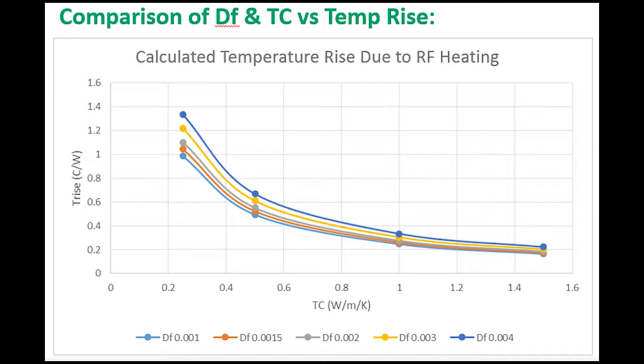But once you start getting to values around 0.6, 0.8, and 1, which are values that typically are commercially available in products today, you can see that loss tangent becomes irrelevant. And so at this point, selection of the thermal conductivity value that is the highest of any materials that typically have low loss tangents, less than 0.004, is important.